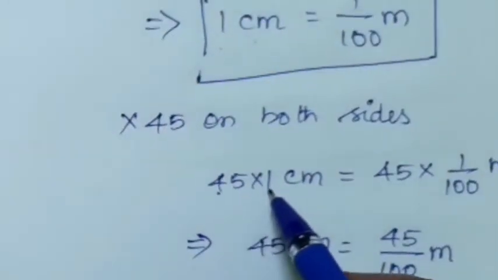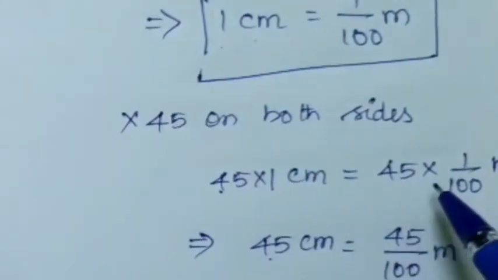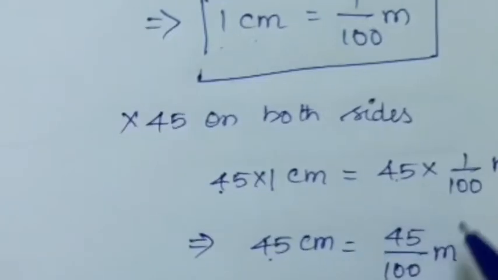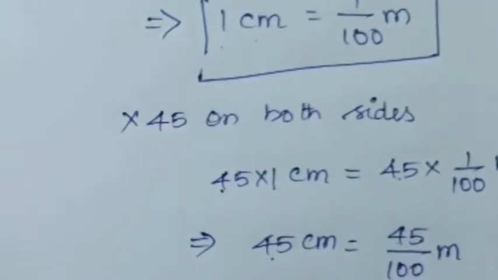Multiplying 45 by 1, we get 45. Again multiplying 45 by 1, 45 divided by 100.